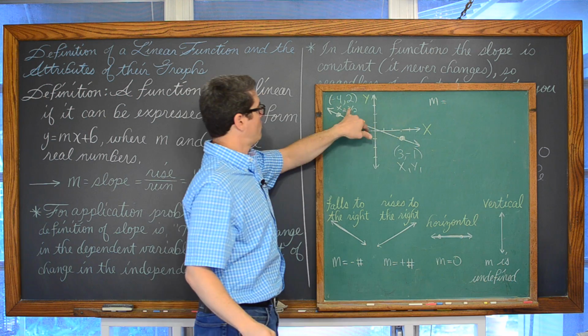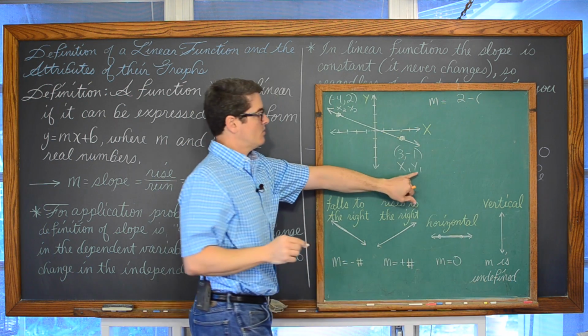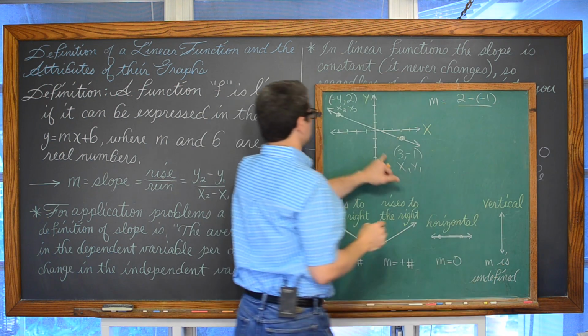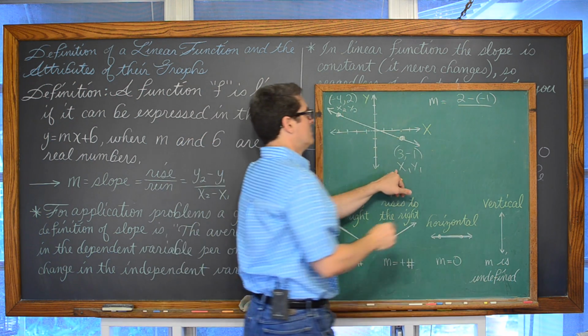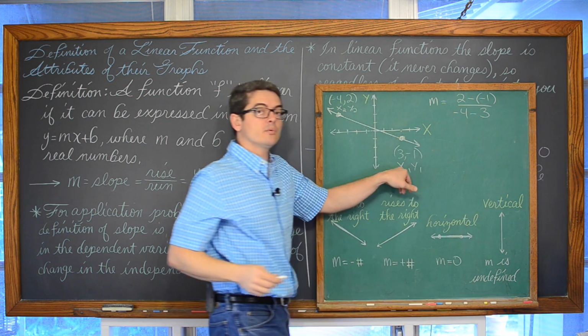Well, then y sub 2, which is 2, minus y sub 1, which is negative 1, over x sub 2, which is negative 4, minus x sub 1, which is 3.